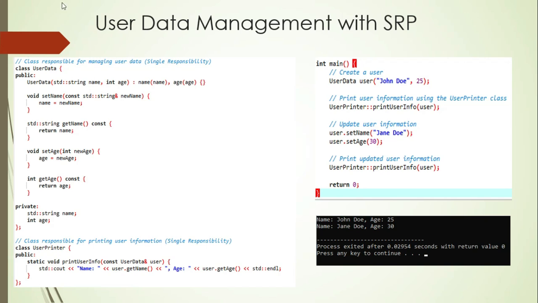So it will take the value here and assign it to the name. Similarly, the getName const, this getter method returns the name of the user. The const keyword indicates that the method does not modify the object. And similarly, we create the set and get for the age.